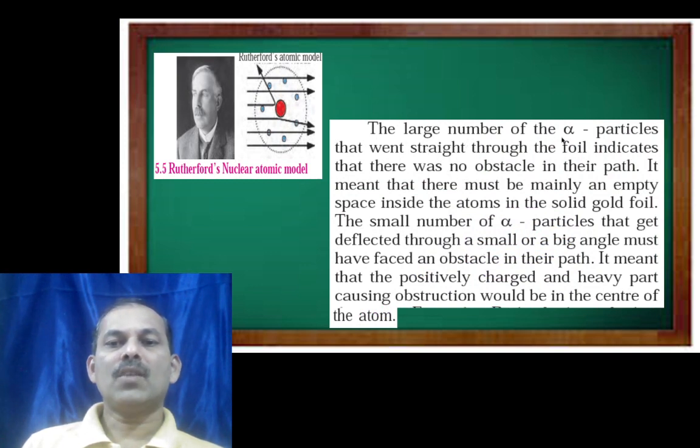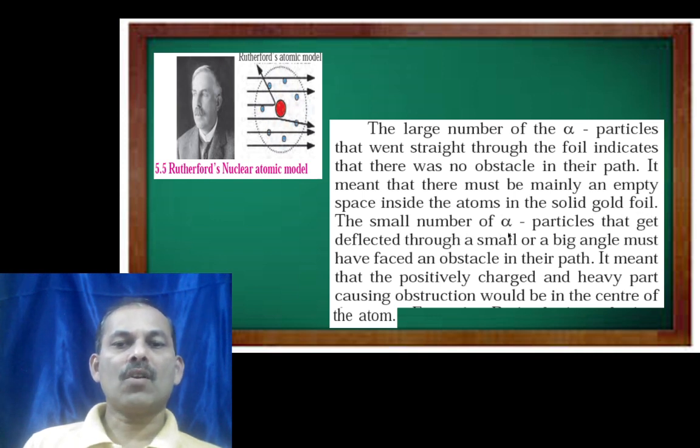A large number of alpha particles that went straight through the foil indicates that there was no obstacle in their path. It means that there must be mainly empty space inside the atoms in the solid gold foil.